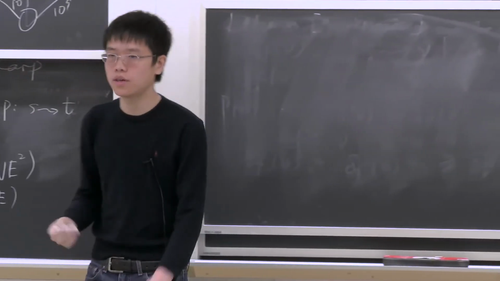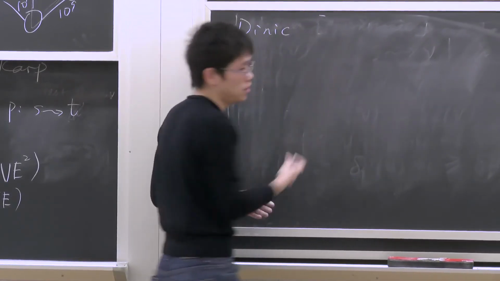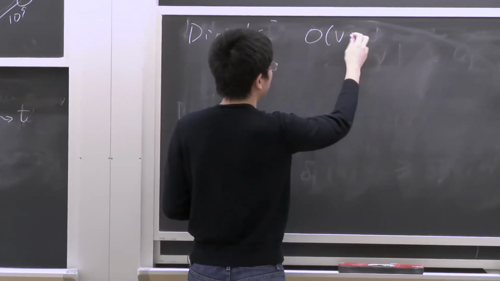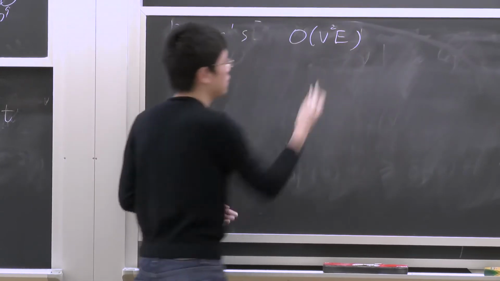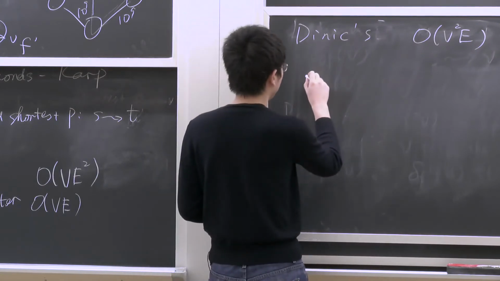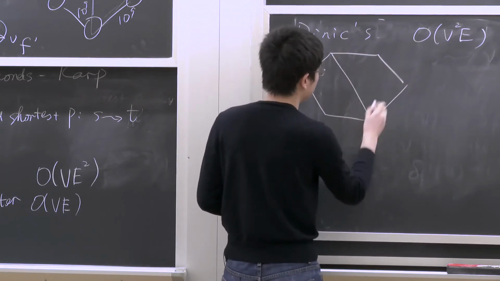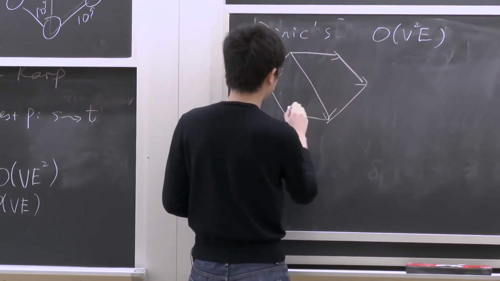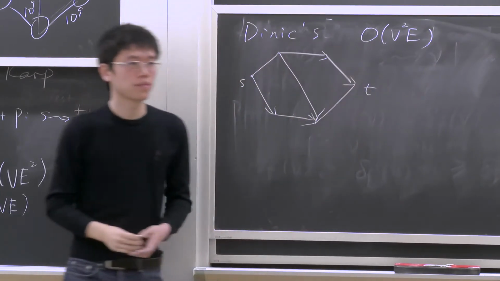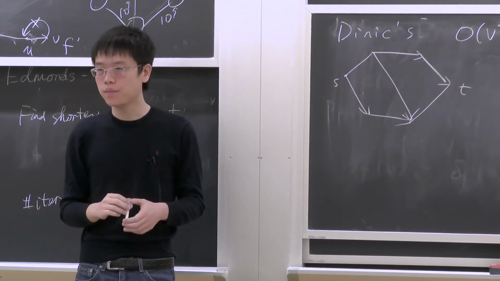Okay, this is not part of the required material in the recitation, but I'll quickly say a few words about an even better algorithm, Dinic, which runs in O of V squared times E. So this is an improvement to Edmonds-Karp, and its idea is that I'm going to find all the shortest paths in one go from S to T. Okay, I'm going to augment all of them at the same time.